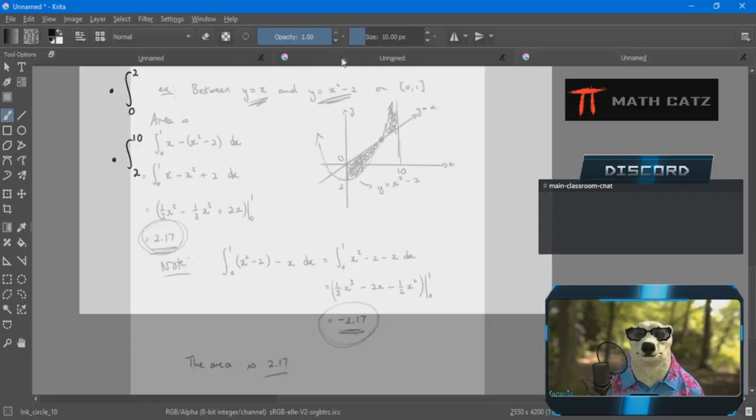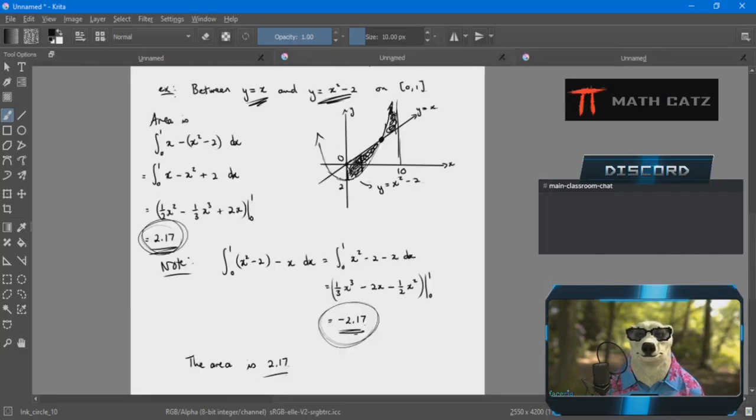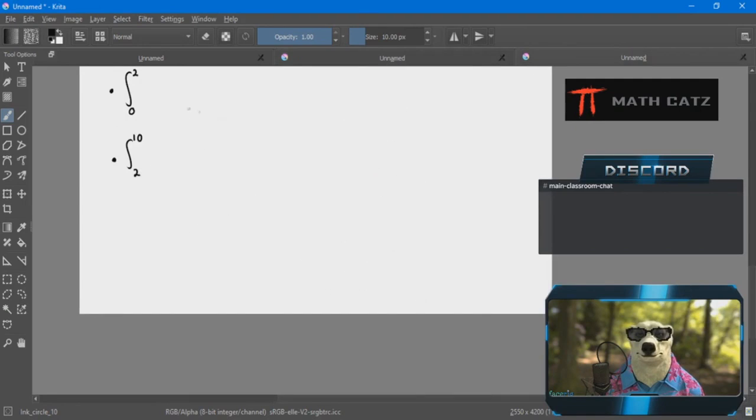Now, it does help that I pick the right one. 0 to 2 will have x at the top, and x squared minus 2 at the bottom. And then they swap, x squared minus 2 minus x.